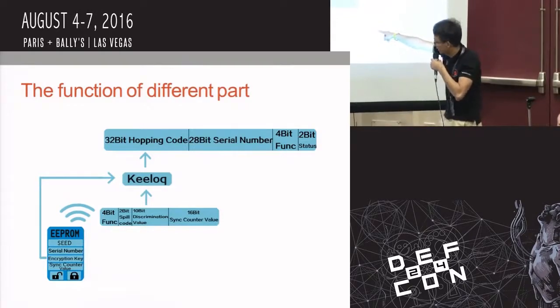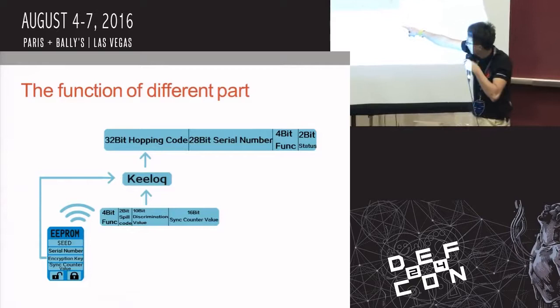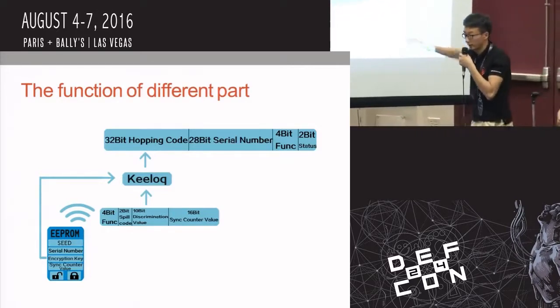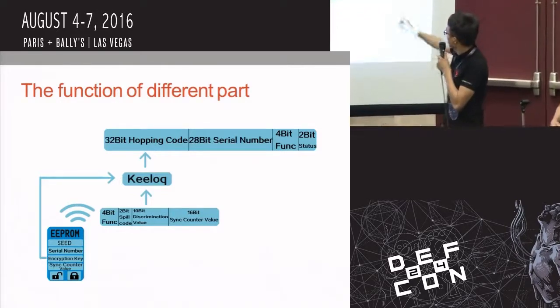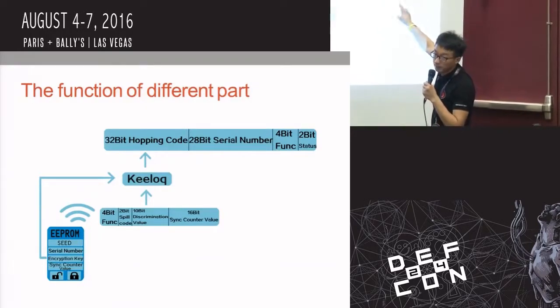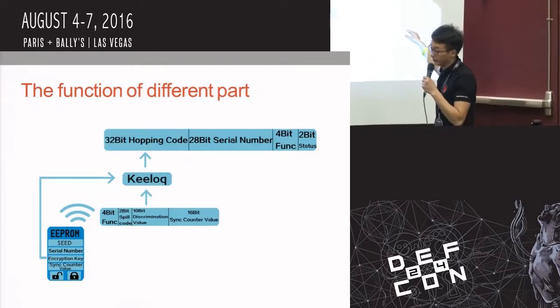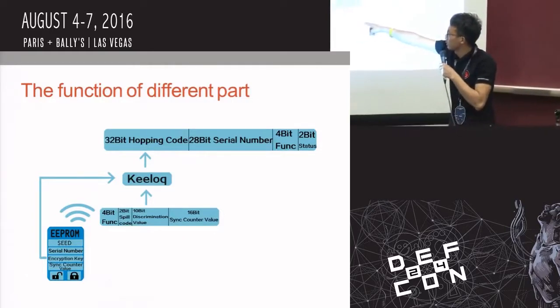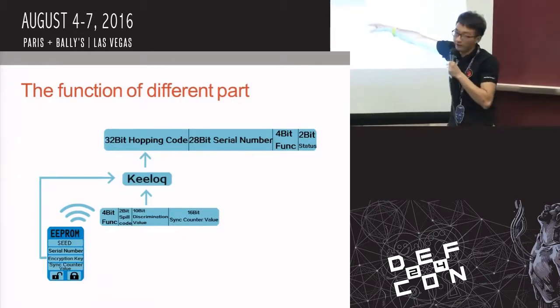The content is the 4-bit function code and the 2-bit spill code. Understand? So there is a 4-bit function code in plain text, sent in plain text, and there is an encrypted version of the 4-bit function code.